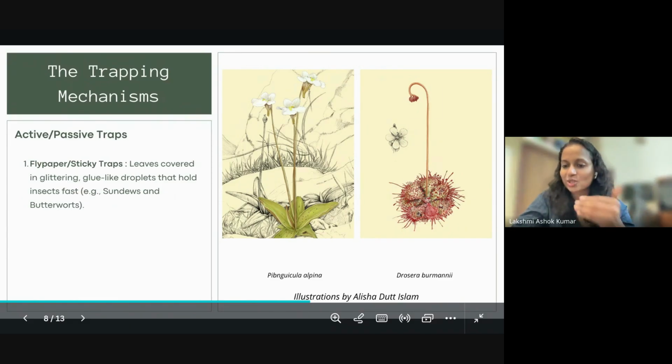Even though they need to trap them, they keep themselves safe without much damage. These tentacles are very quick to act, but not as quick as a Venus flytrap would close. So they are a little slow, but they're very effective.